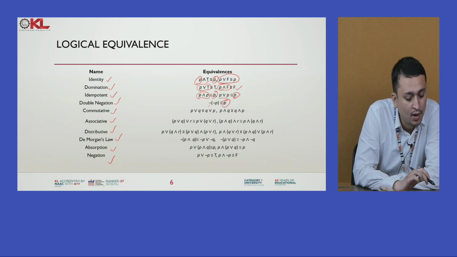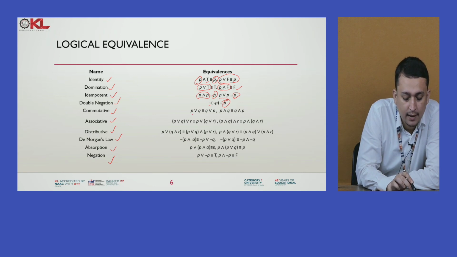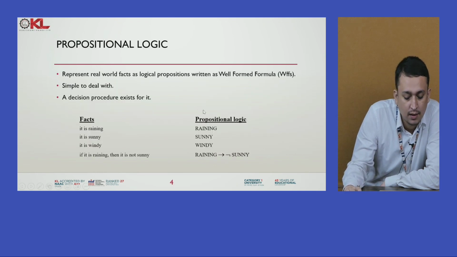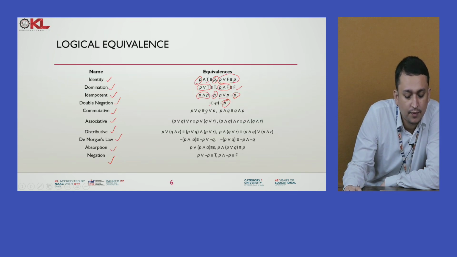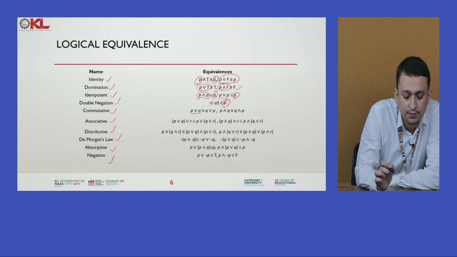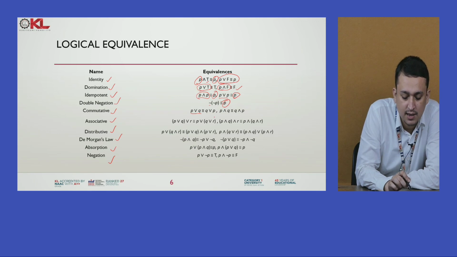Then commutative: P disjunction Q and Q disjunction P are equivalent, and the same is valid for conjunction also.